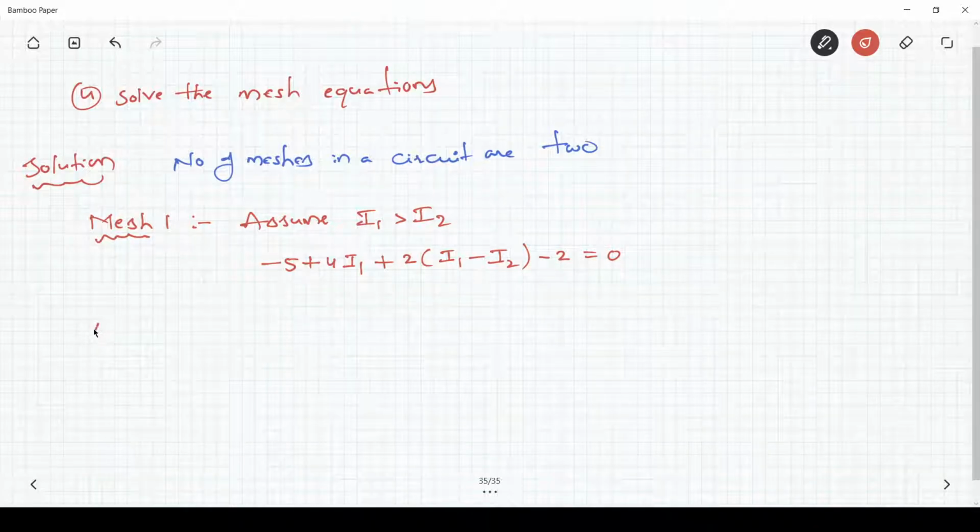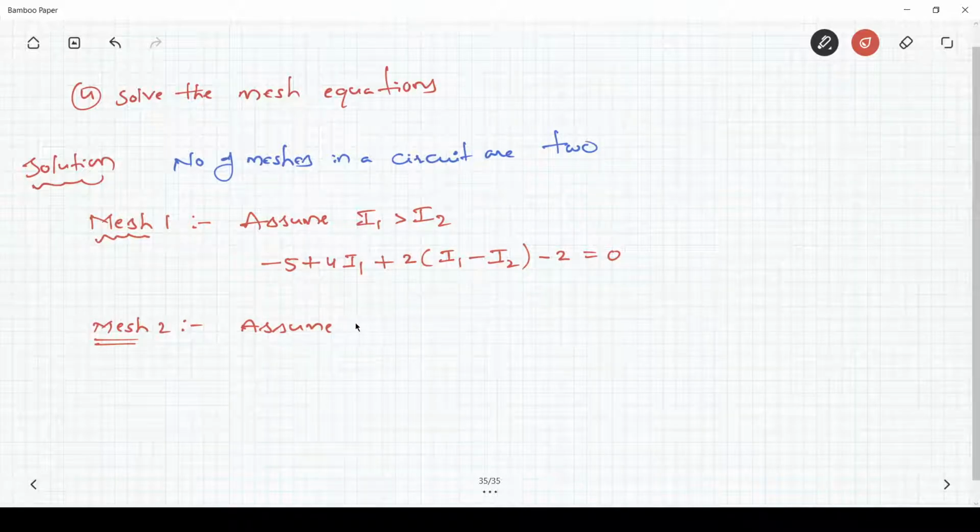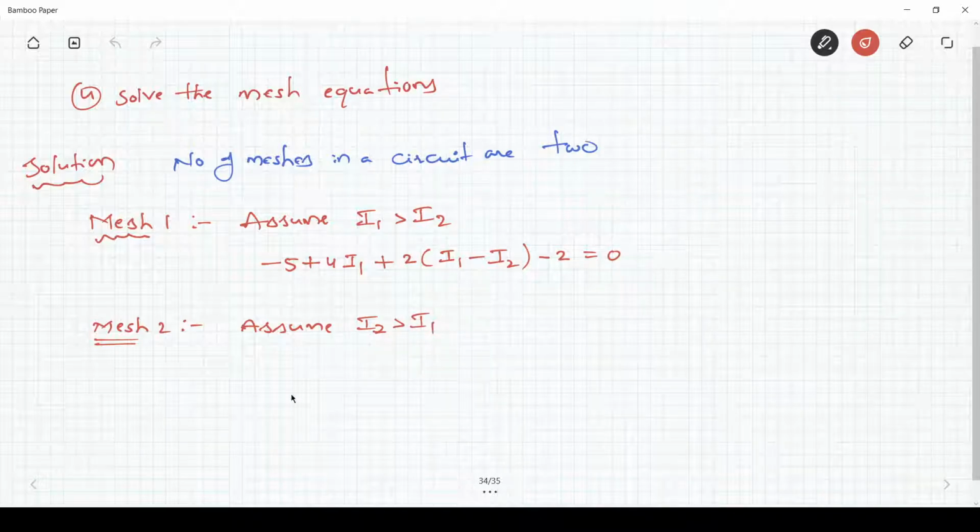Now you have to write the mesh equation for mesh 2. While writing the mesh equation in mesh 2, what is the assumption you have to make? Assume I2 greater than I1.